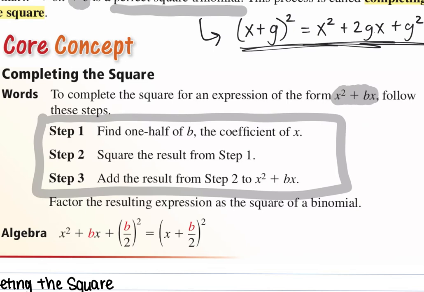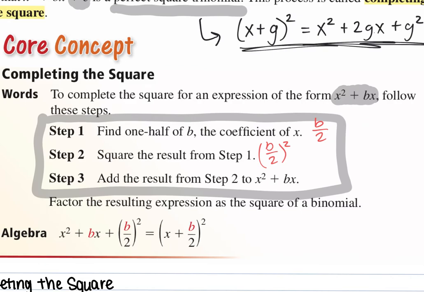Multiplying it by 1 over 2, or dividing it by 2, right? b over 2. That is step 1. Step 2 says square the result from step 1. So you're going to take b over 2 and do what with it? Square it.